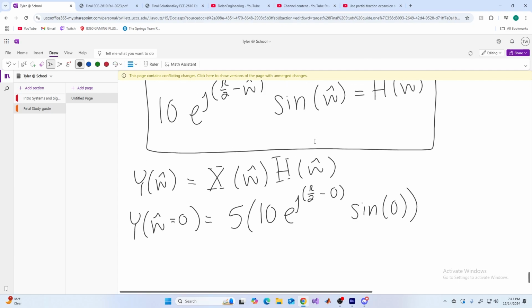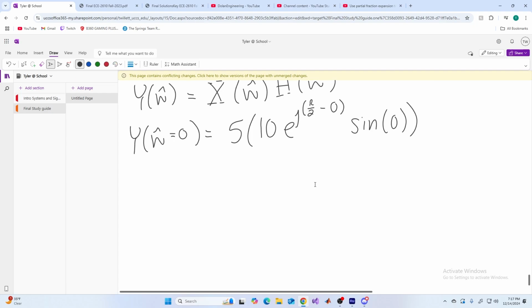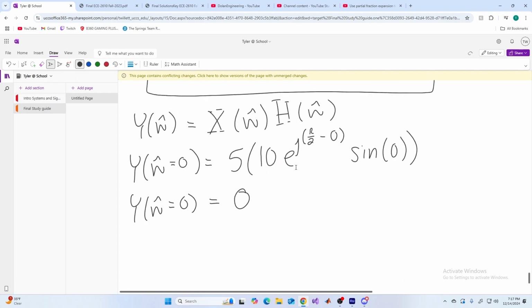Well, the sine of 0 is 0, so this whole thing should go to 0. Yep. So y of w hat at 0 equals 0, because the sine of 0 is 0. Now, let's do the next one.